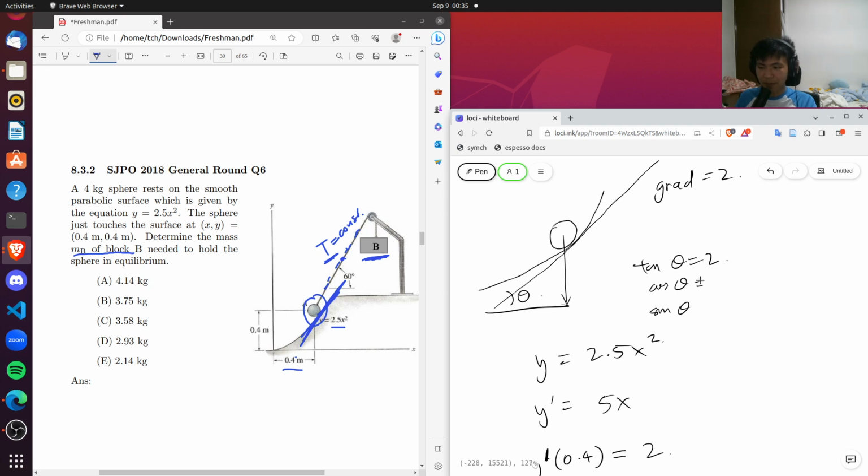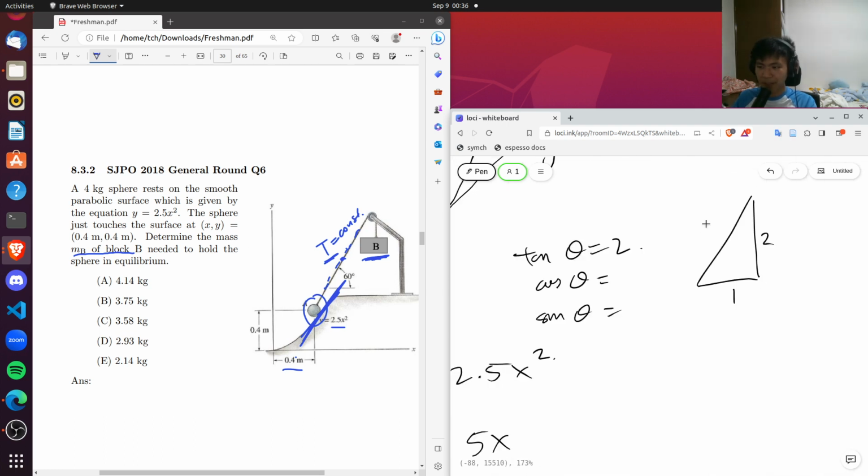If we draw the gradient 2, then we know that the rise over run is 2 over 1. It could be 4 over 2, but that will lead to the same results, but to keep it simple, we have 2 over 1. Then by Pythagoras' theorem, the hypotenuse is square root 5. So we know that cosine theta is hence 1 over square root 5, and sine of theta is hence 2 over square root 5.